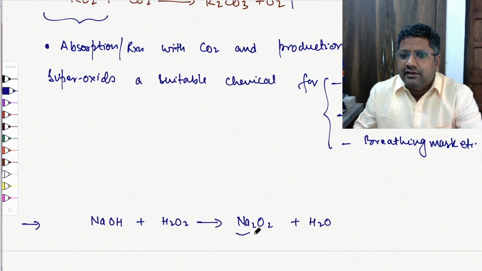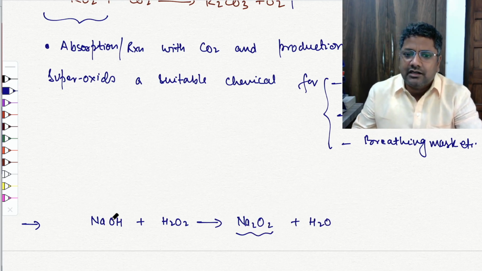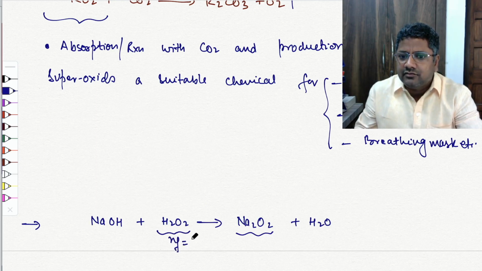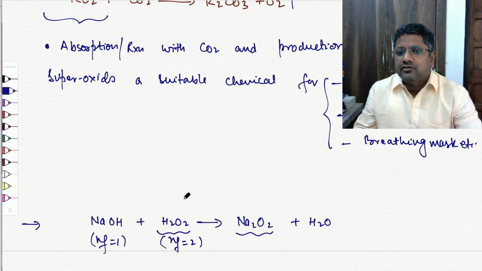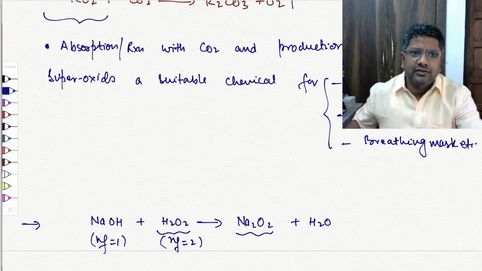So we can say that sodium peroxide is basically a salt of H2O2 and NaOH. What is the n-factor of H2O2 here? The n-factor for H2O2 is 2 and for NaOH it is 1. So the basicity of H2O2 is 2, right? This means H2O2 is sufficiently acidic. I will discuss H2O2 in detail in its preparation and properties, right?